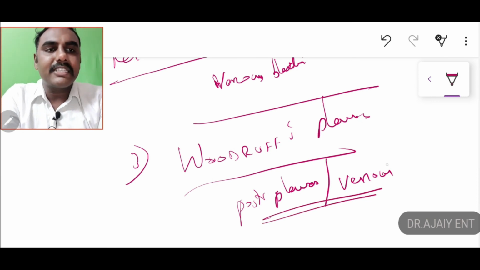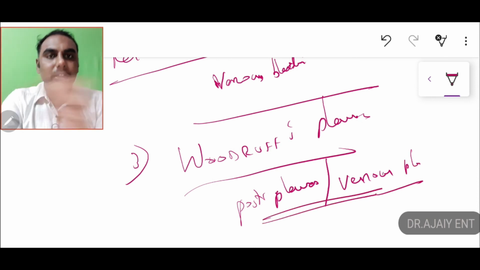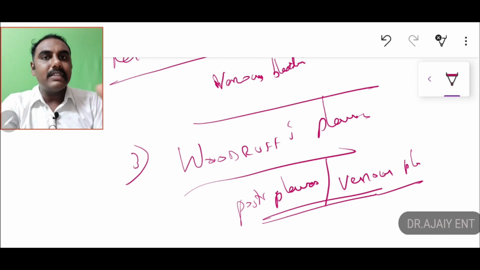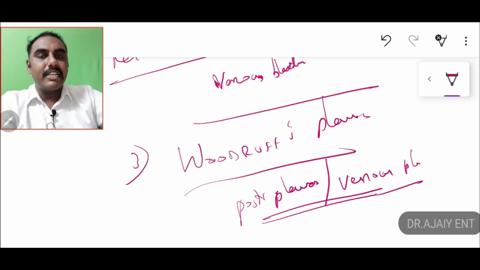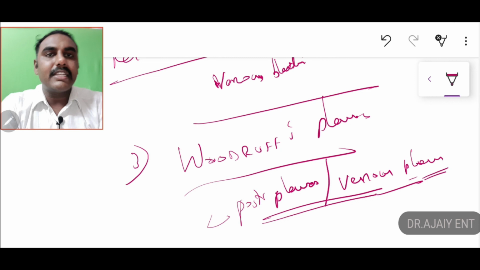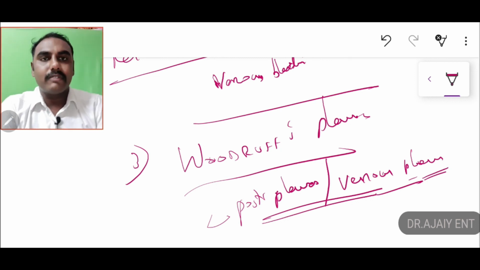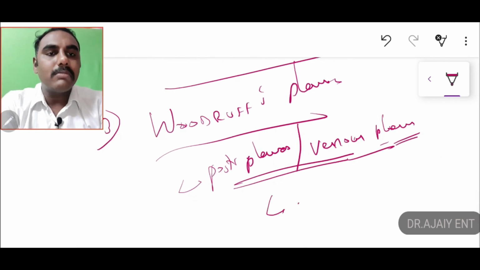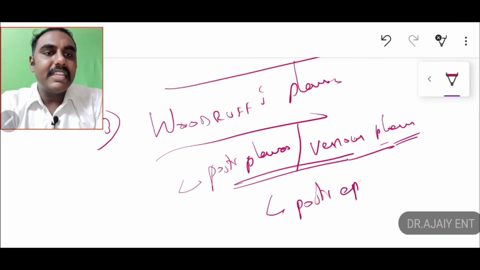It is located along the posterior part of the lateral wall of the nose, along the posterior end of the inferior turbinate and the middle turbinate, and it is the most common cause for posterior epistaxis.